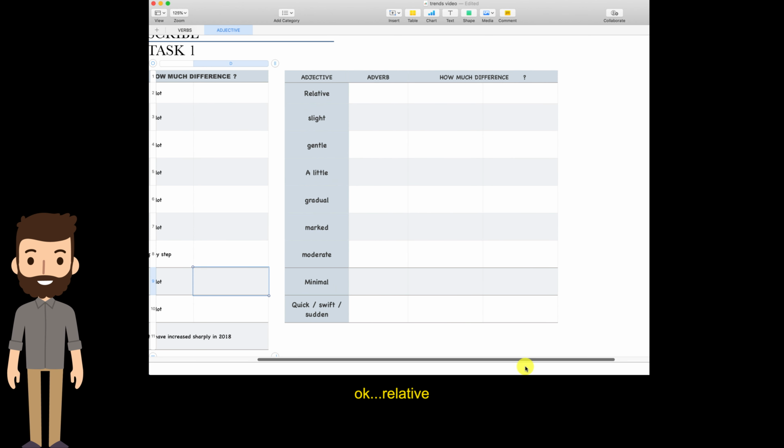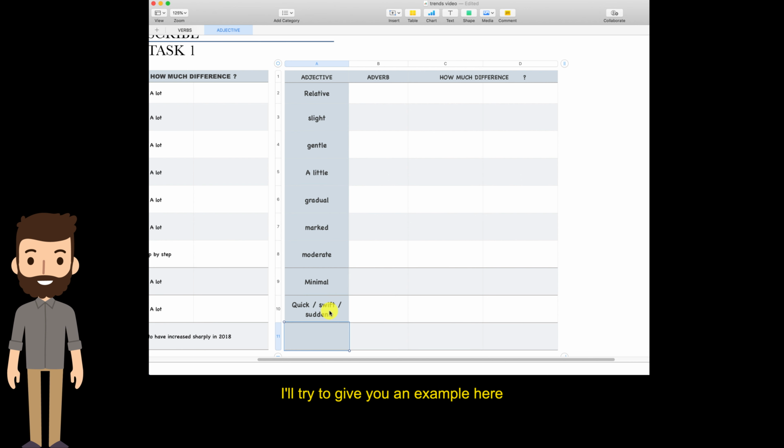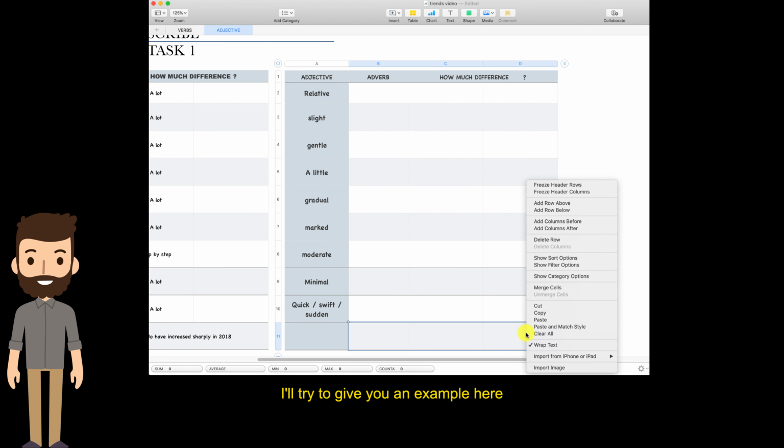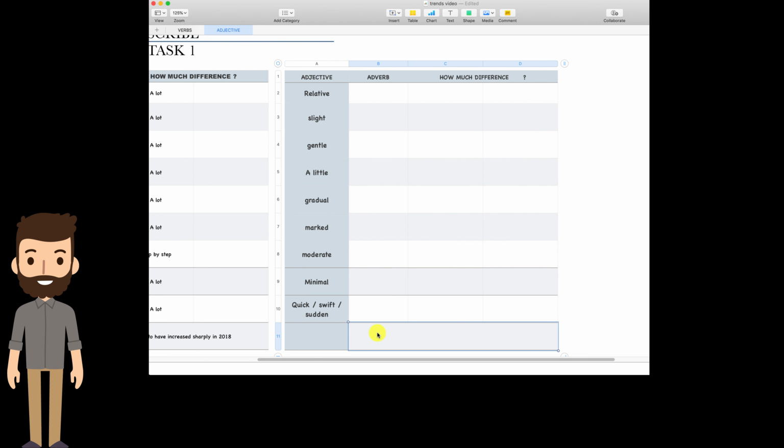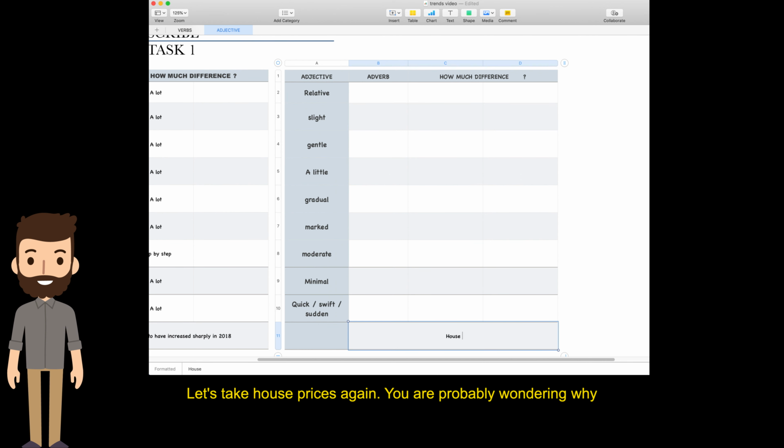Okay. Relative. Relative means it depends on something else. I'll give you an example here. Let's take house prices again. You're probably wondering why I love this example of house prices in Toronto.